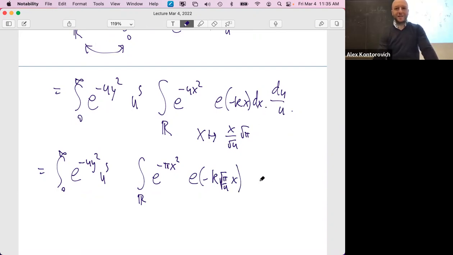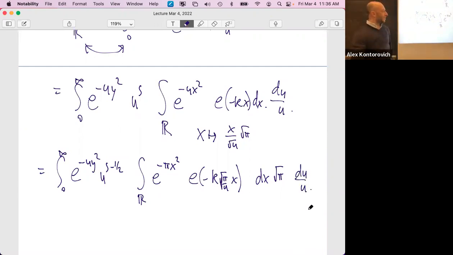And then instead of a dx, I have dx times root pi, which is just a constant, divided by root u, du over u. So I divided by root u over u.